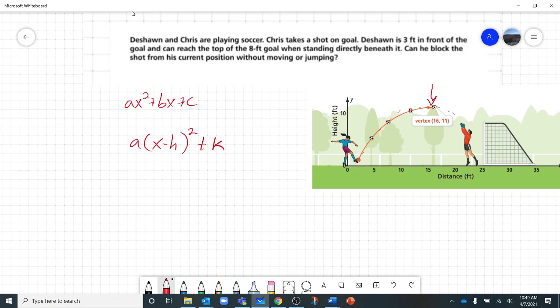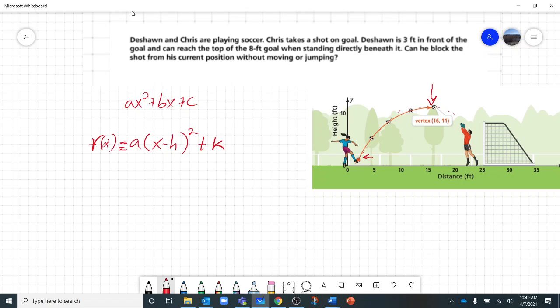So if we can figure this out based off of the information that we have, I think we actually need somewhere along the line it gives us the information on the height of that ball as well. We'll come back to that though.